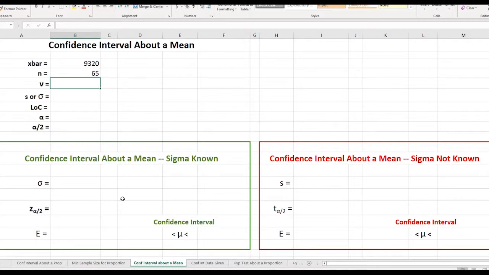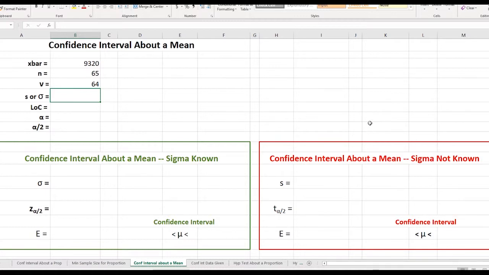If sigma is known, then we just look at this one and it'll do the correct calculation. If sigma is not known, it will automatically populate this area. I'll explain that again when we get to a problem when sigma is not known. But it's an easy calculation, we might as well just put it in. So this will equal n minus 1.